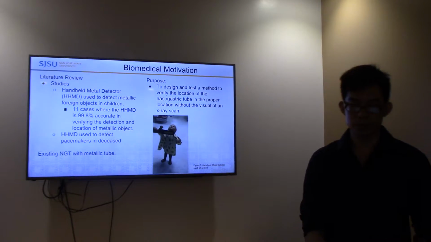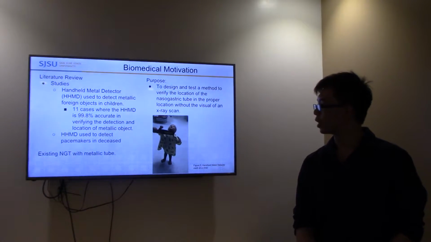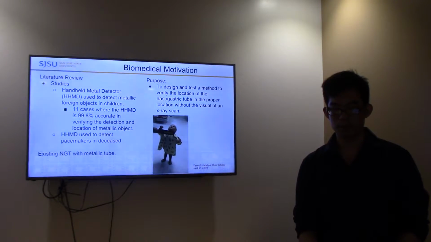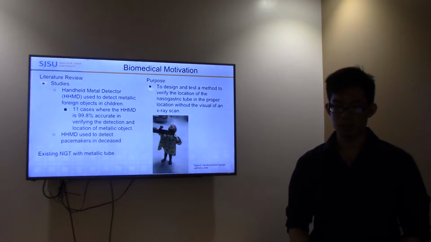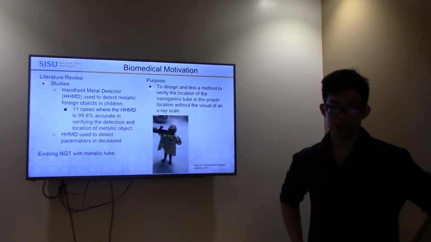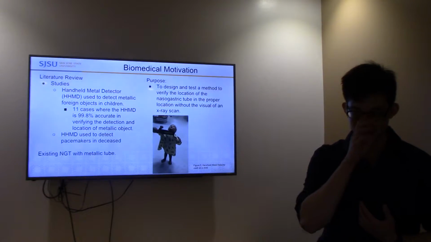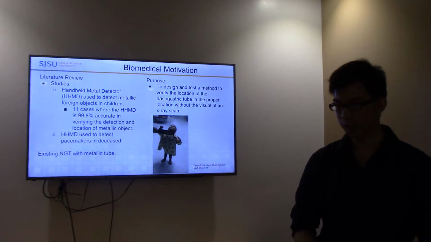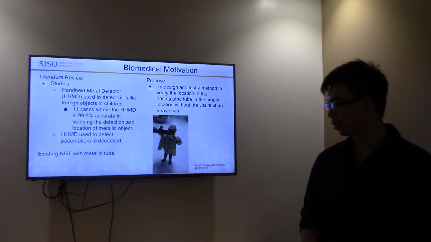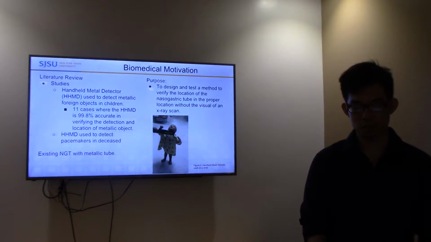So looking at different cases, we found out that in children, when they ingest coins and such, doctors are able to find the location with a handheld metal detector. So we're going to design our experiment based on using a metal detector with a metallic tube. And there's already a metallic tube that exists.